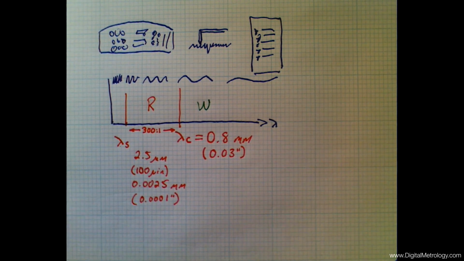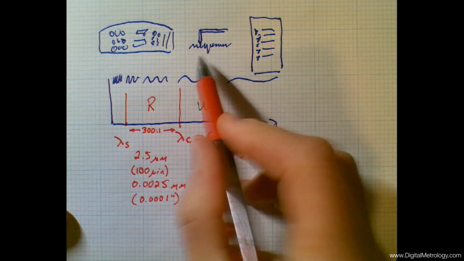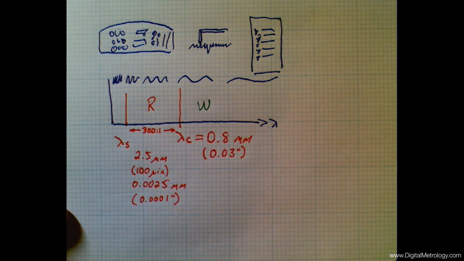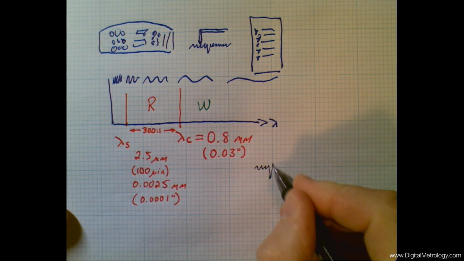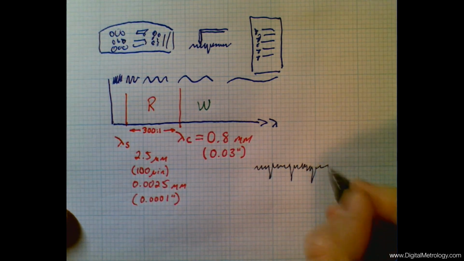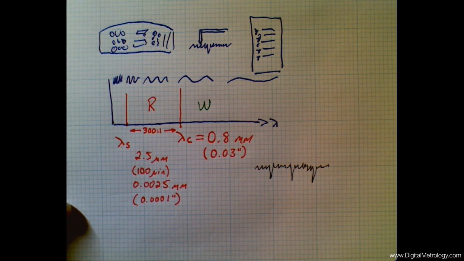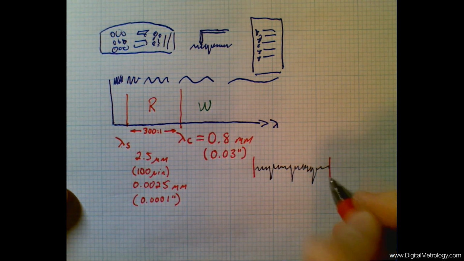The next most important setting is going to be the length over which we are going to do our calculations. How much surface length do we care about? Now, the surface length is interesting because we can designate this two different ways. One way that most portable gauges will designate the evaluation length.